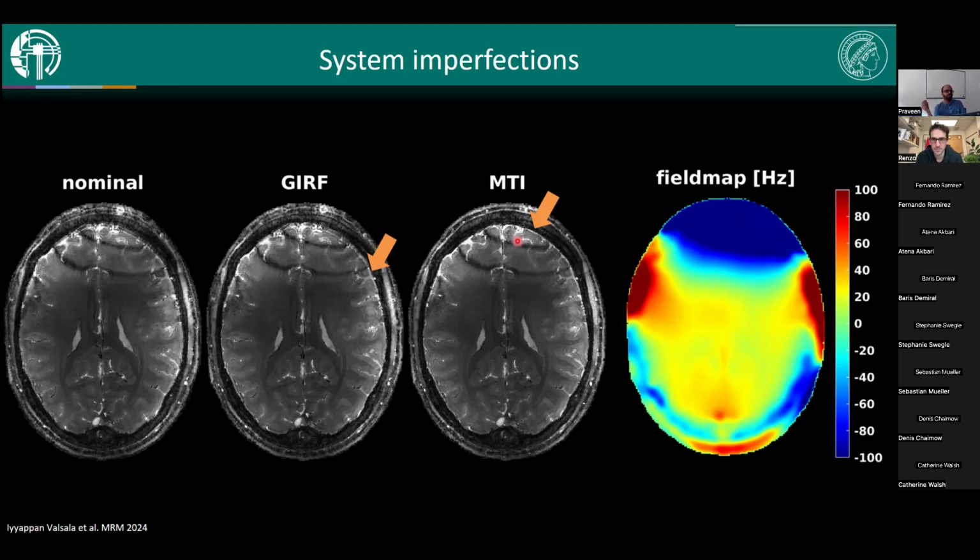So we use MTI, so you can use a different segmentation algorithm rather than just expressing every single field map as a column of your encoding matrix. You can just reconstruct the images at different time segments and calculate interpolation weights which sum them up together.